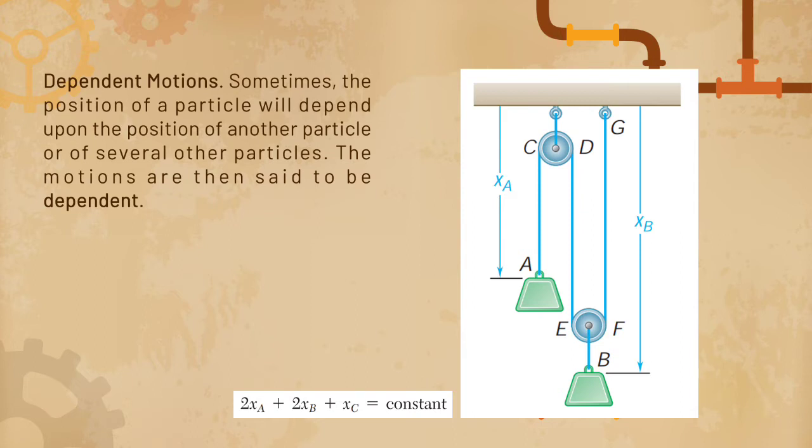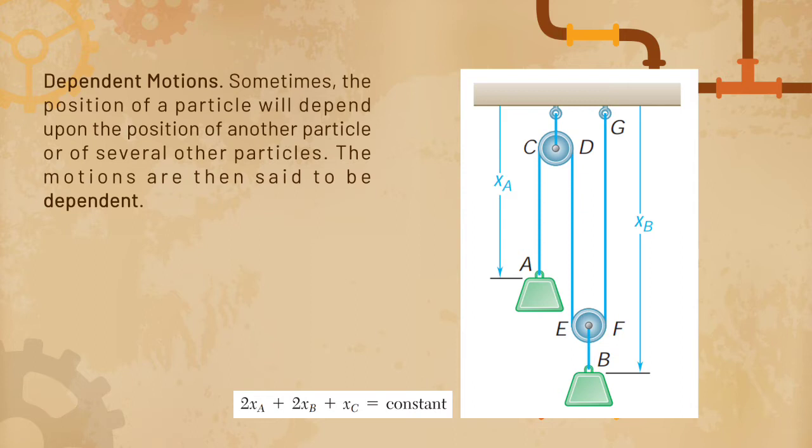For example, the position of block B in the figure depends upon the position of block A. Since the rope ACDEFG is of constant length, and since the lengths of the portions of rope CD and EF wrapped around the pulleys remain constant, it follows that the sum of the lengths of the segments AC, DE, and FG is constant.